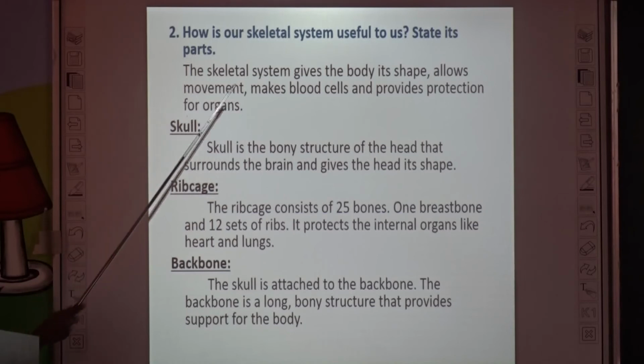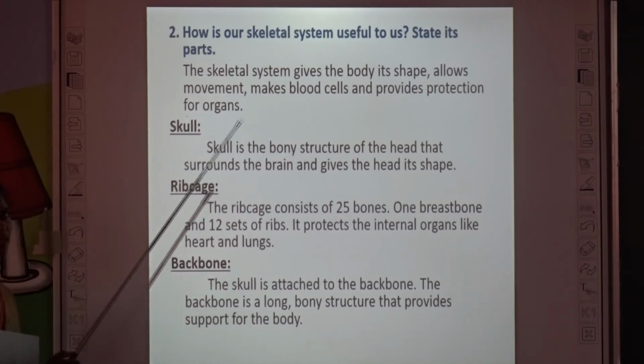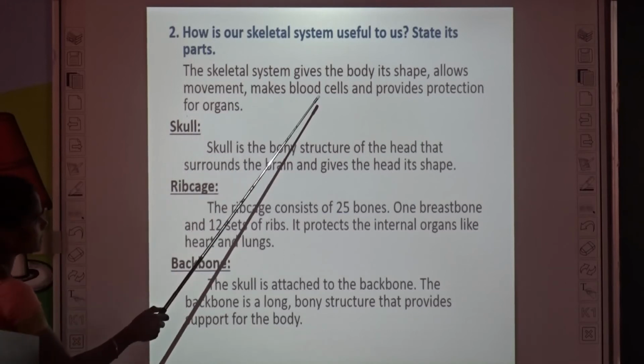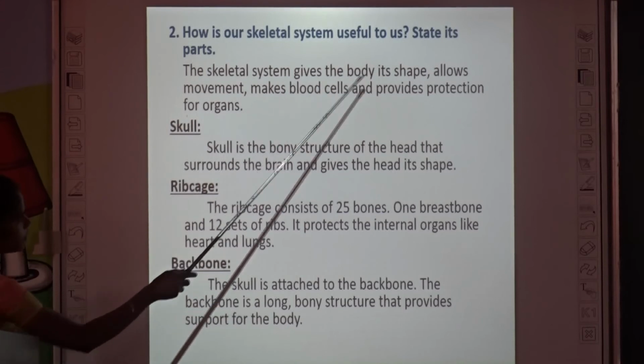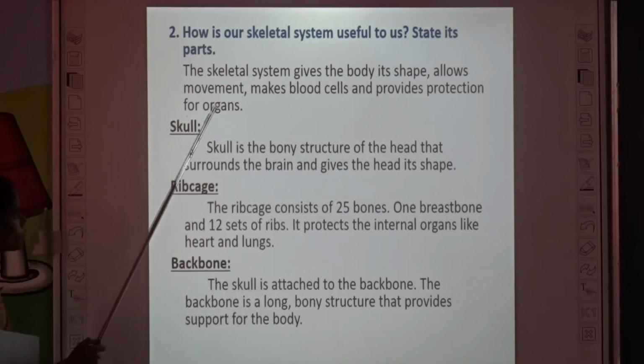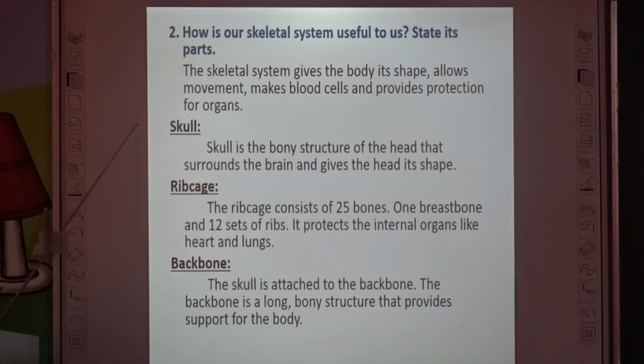The skeletal system gives the body its shape, allows movement, makes blood cells, like the bone marrow that produces red blood cells, and provides protection for internal organs like the brain, heart, lungs, stomach, etc.